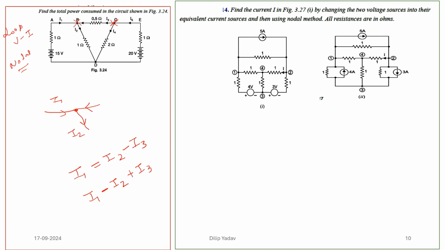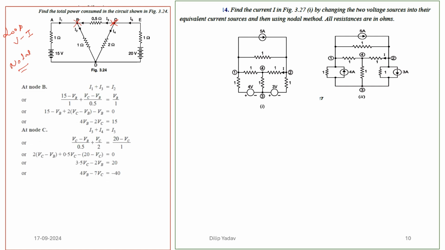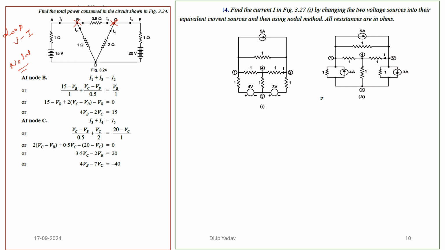These two conventions can be written this way or that way, depending on which convention we choose. We are going to solve it using nodal analysis with this concept: the current going inside will be positive, and the current going outside will be negative. So we obtain I1 plus I3 is equal to I2.